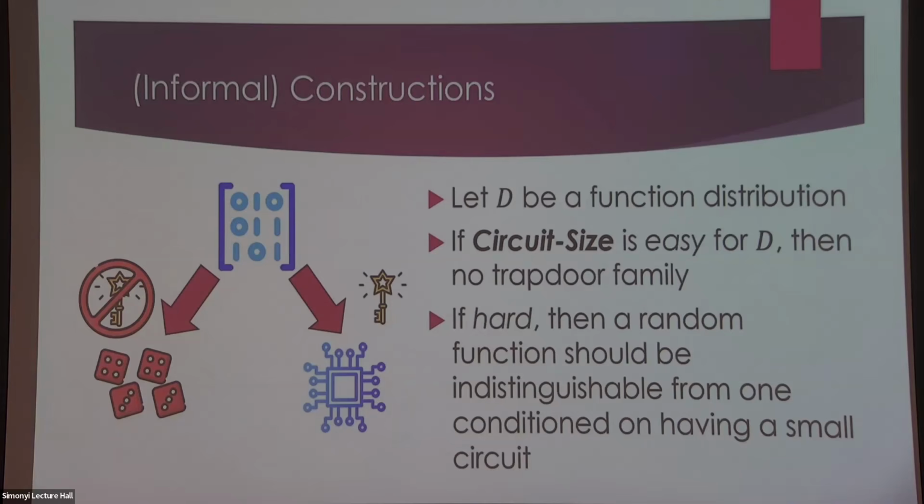So what does that mean? This means that morally, nearly for any distribution of functions I can think of, if I give you either a sample of a function from this distribution or a sample of a function conditioned on having a small circuit, it is very unlikely that you will be able to tell the difference.